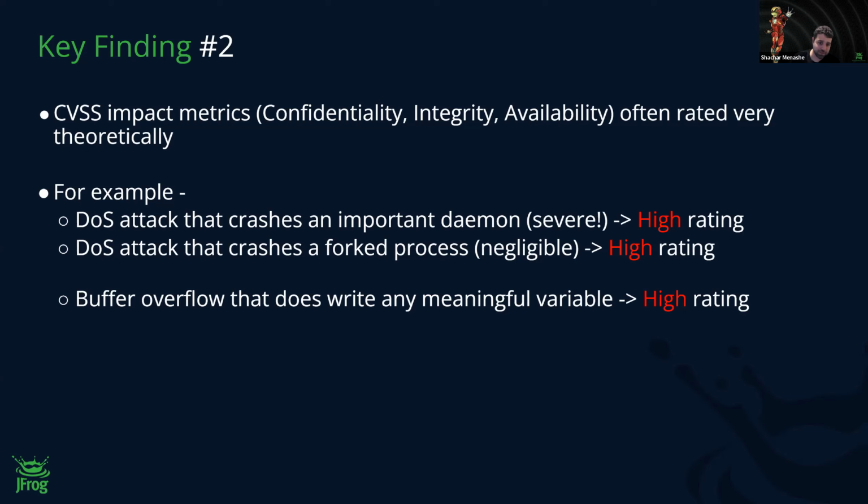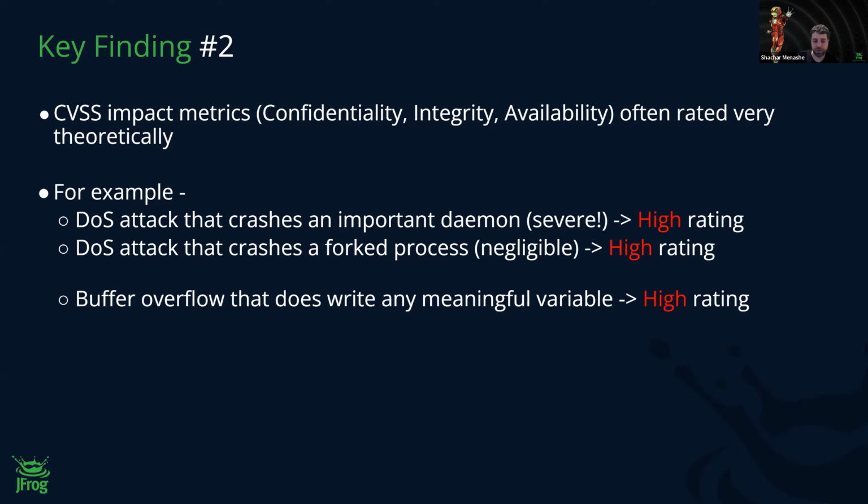That's not actually so bad, because it crashes a client on my own PC, it's not even a network client, and it's a forked process, so it's not going to crash any other process. But that also will get a high rating, no questions asked. There is no CVE that we saw in 2022 or even earlier that would get a low availability loss rating from that. So that's a bit of dissonance from the real-world impact.